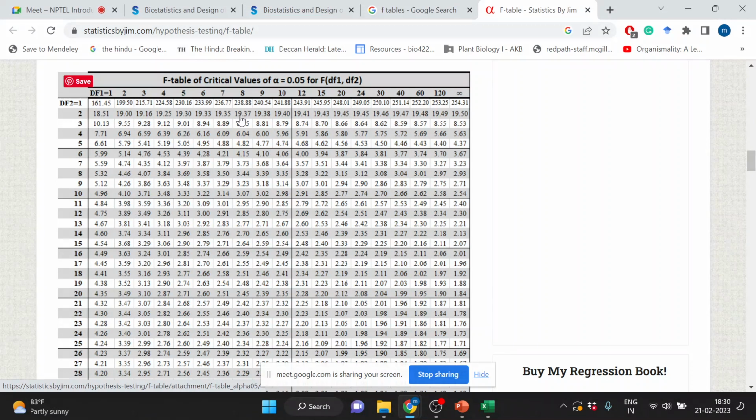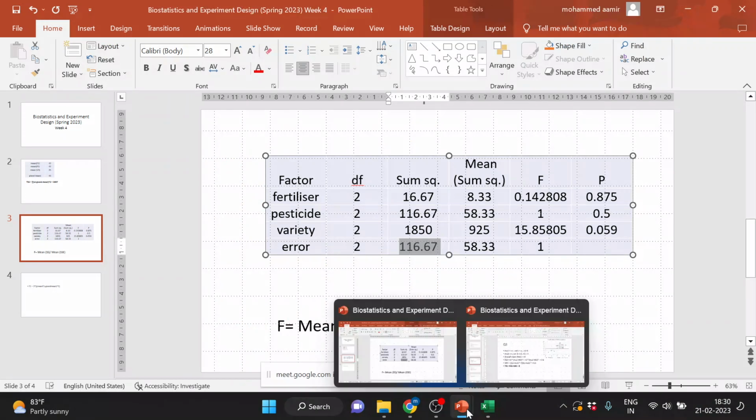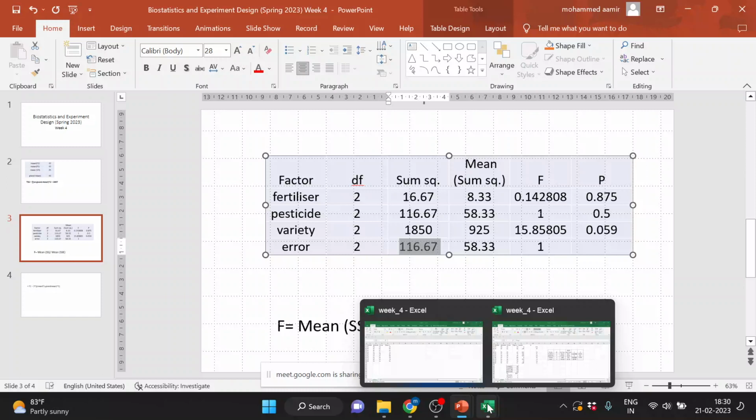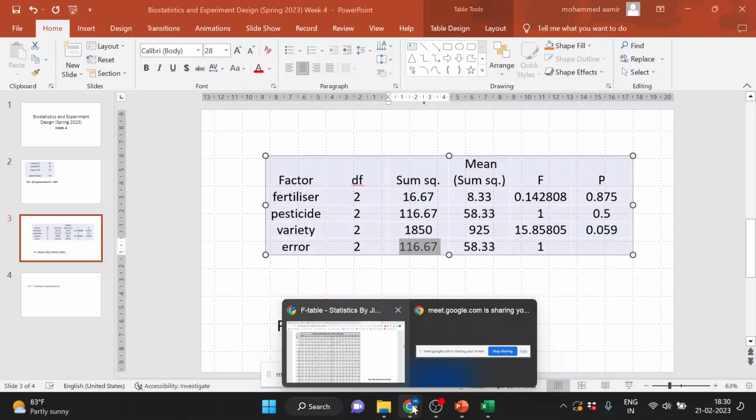For that, there's an F value of 19.37. Now the value we have calculated is how much? 15.85. It's actually less than that. So you won't get the exact p-value. You'll know that it's greater than 0.05.